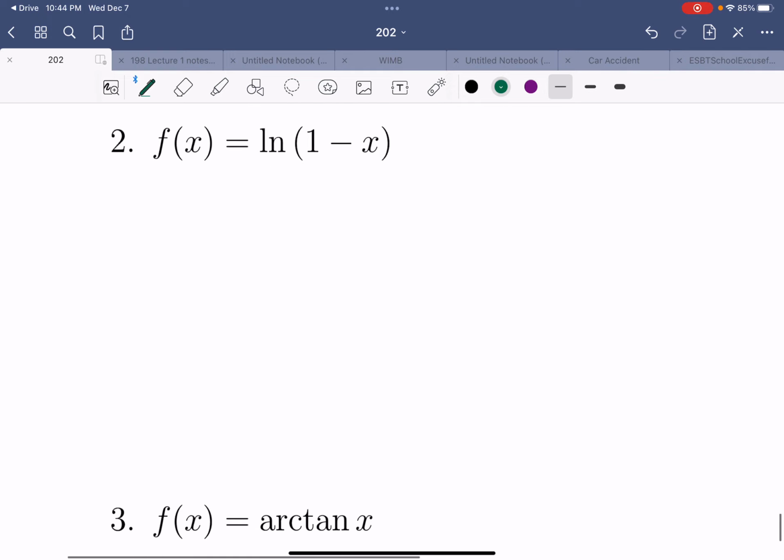Number 2, how do we get an ln situation going on? So if I think about starting with g of x being my 1 over 1 minus x, then natural log is related to the integral of this.